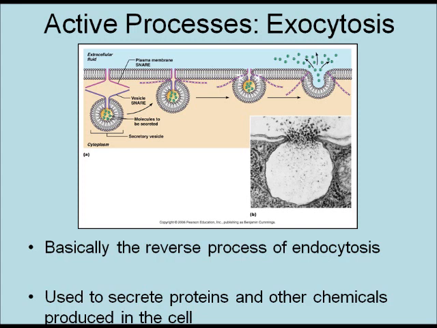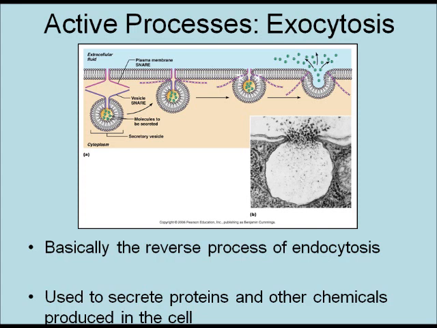And one of the things that happens, and we'll talk about this a little bit later on, is when a cell actually produces something, before it releases it, it packages it up in these little sacs, which are known as vesicles. And vesicles are basically structures that are composed of a phospholipid bilayer.